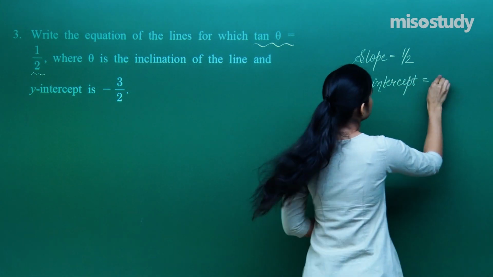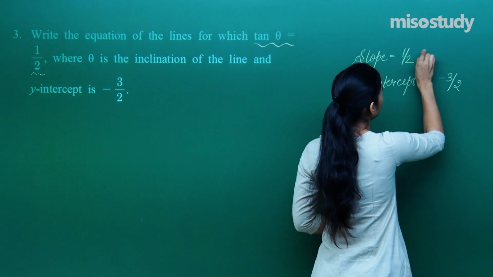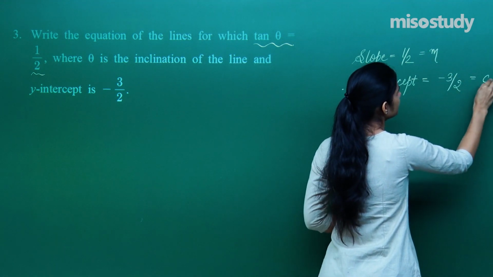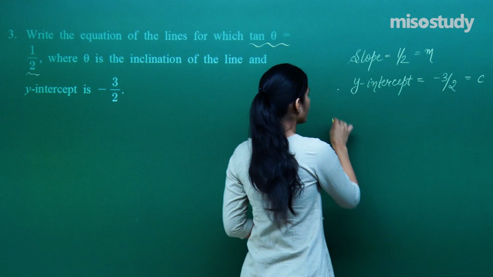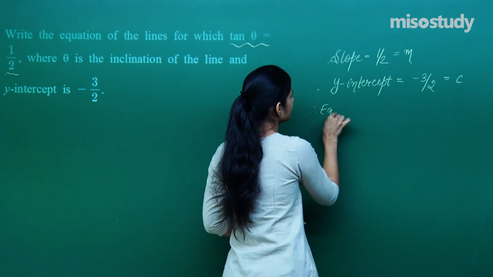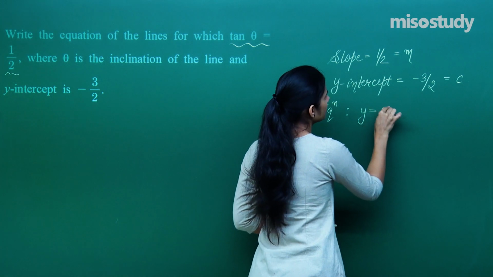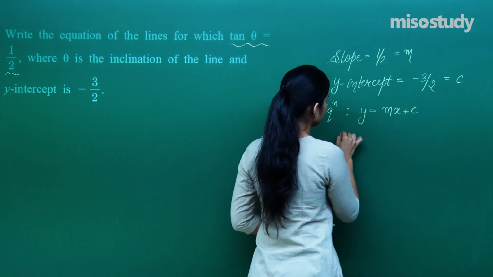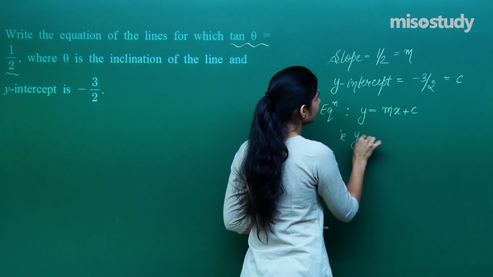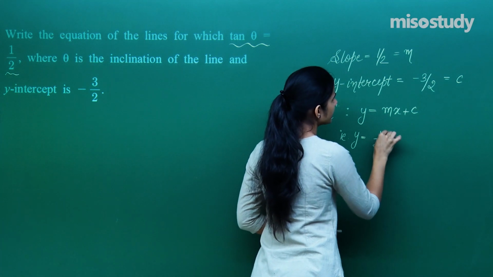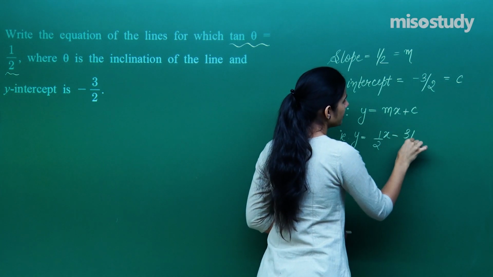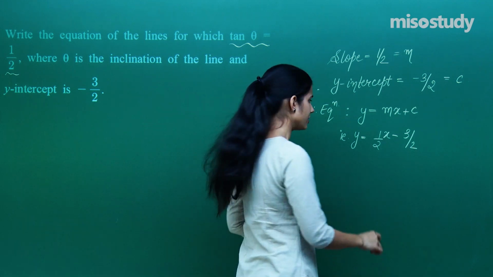and I am given the y-intercept as -3/2. Slope is represented by m, y-intercept is represented by c, and I have equation as, by the slope-intercept form, y equals mx plus c, that is y equals 1/2 x plus c, that is plus -3/2.